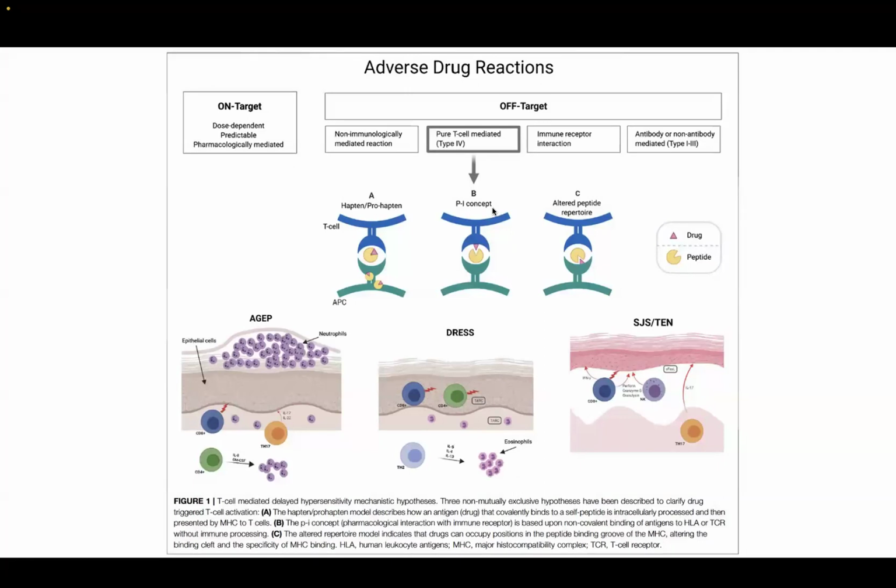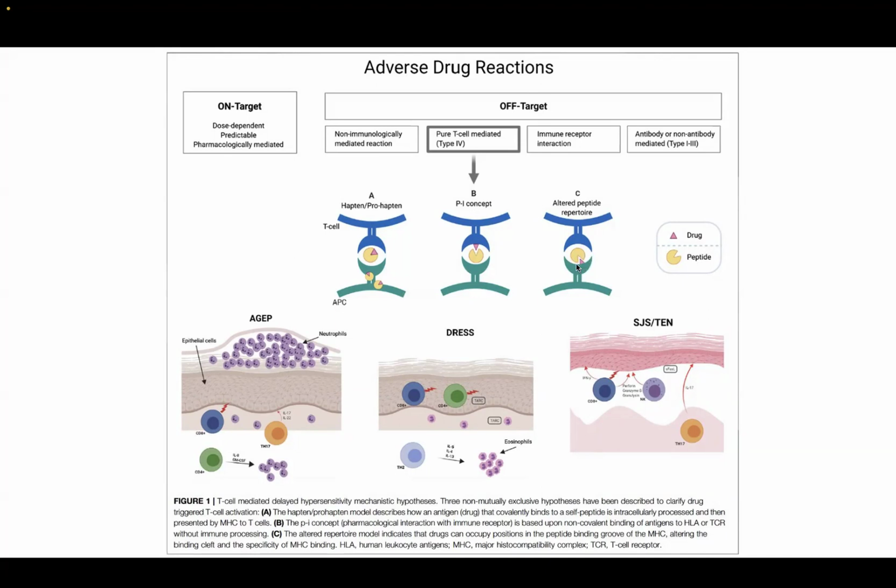For the T cell, another T cell mediated mechanism is the PI concept, which is direct interaction of the drug with the immune receptor. This immune receptor can be either the T cell receptor or it can also be HLA on the antigen presenting cell. So either way, the drug can do it. Altered peptide repertoire means the drug will alter the protein sequence or the repertoire at the antigen binding cleft on the HLA.